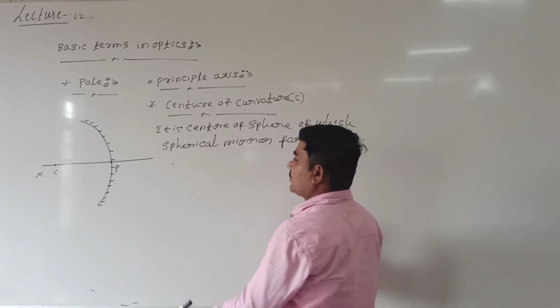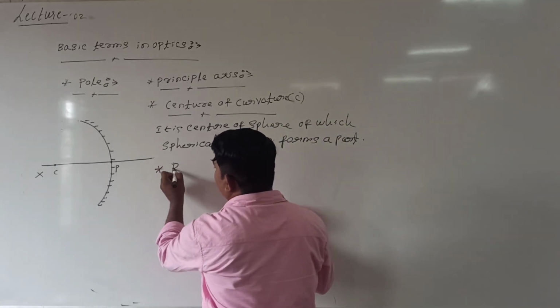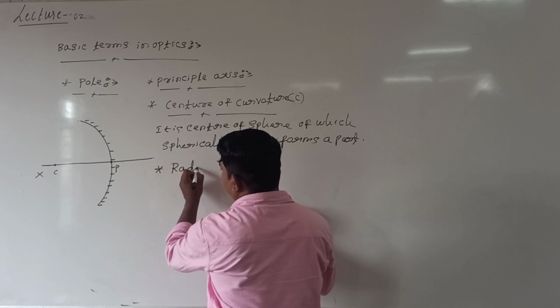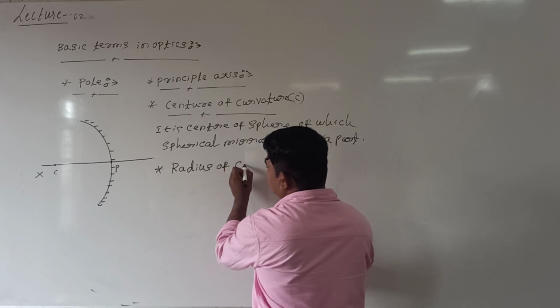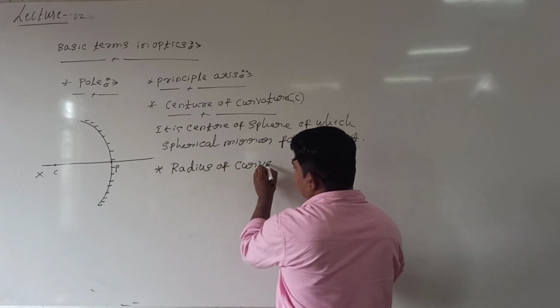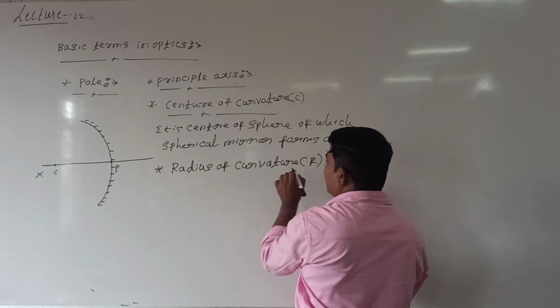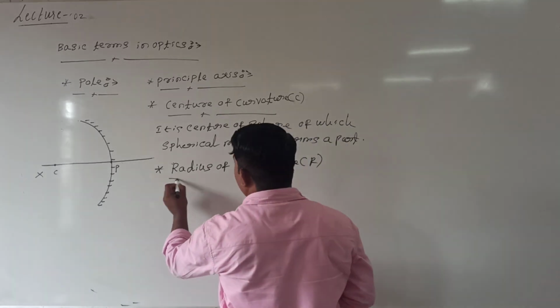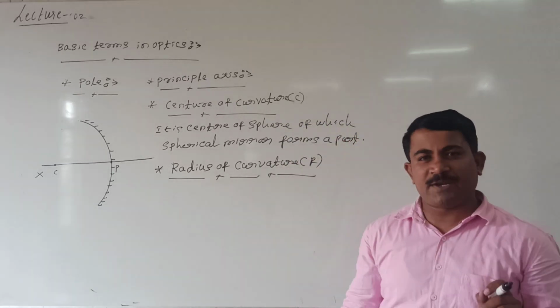After center of curvature, let us define one more term that we call radius of curvature. It is represented by capital R. Simply, what do we know?